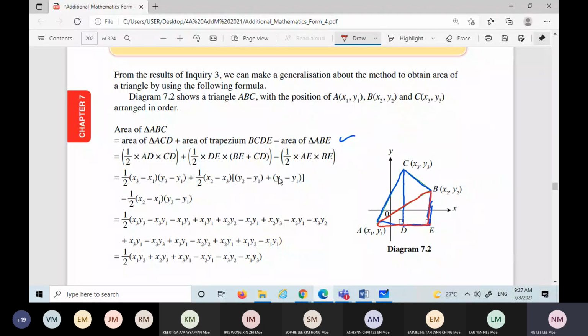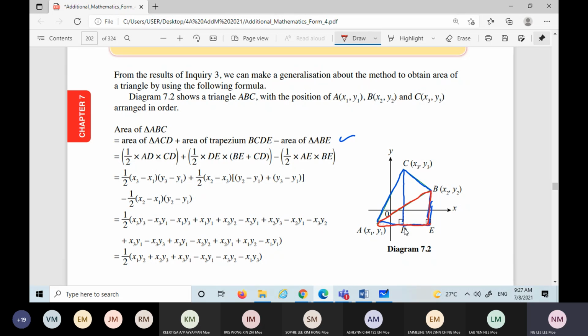Now one by one, we want to find these. First of all, the blue triangle. For this triangle we use our normal formula, half times the base times the height. This is the base and this is the height.